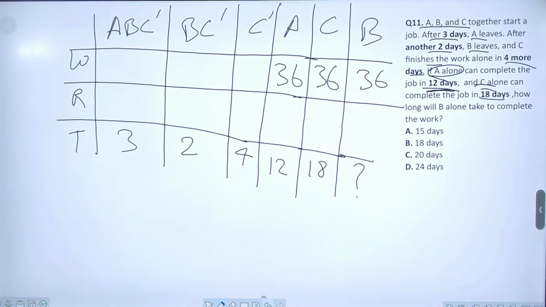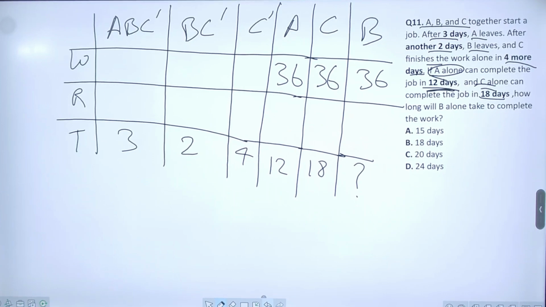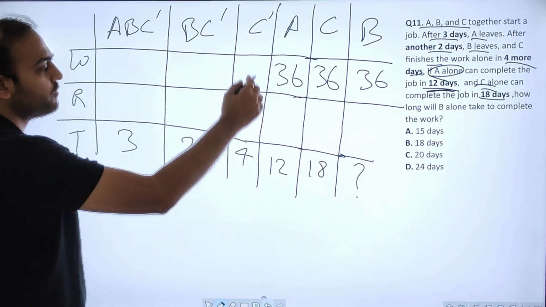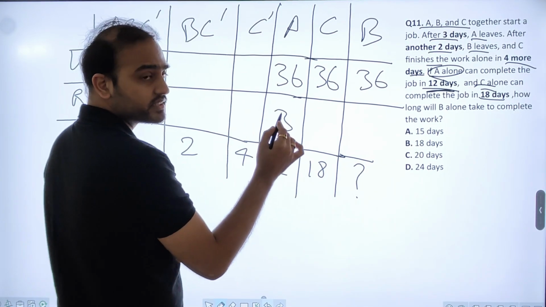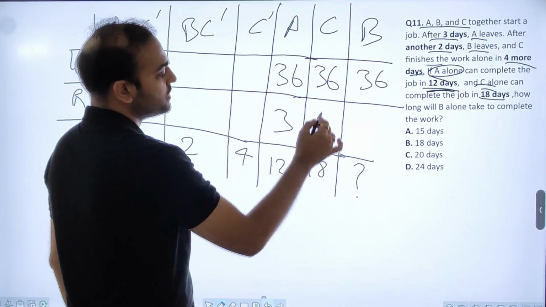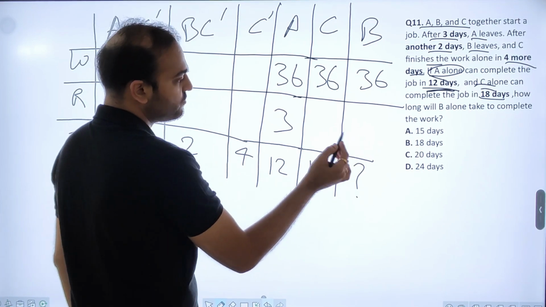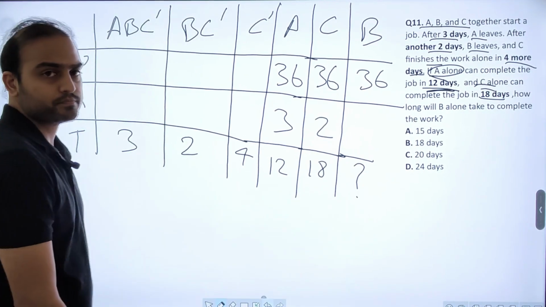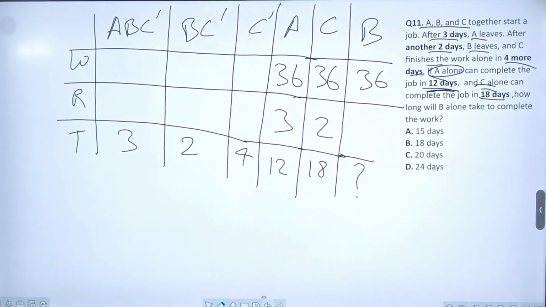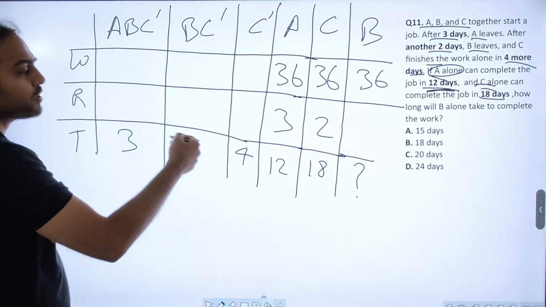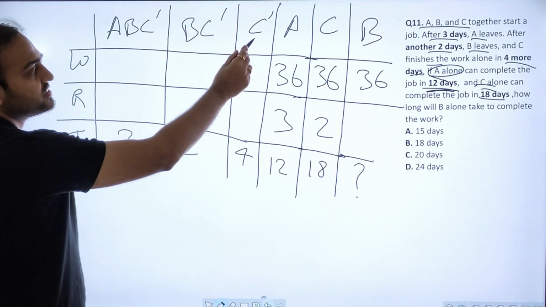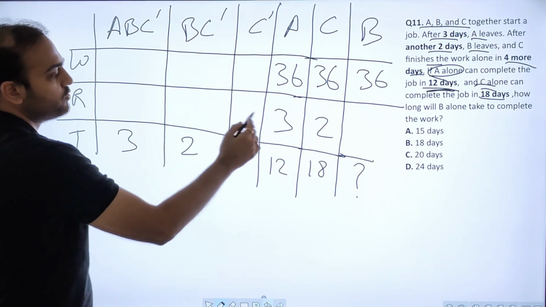Okay, step number 3, find the rate in each scenario. Rate of A, 36 chocolates in 12 days, 3 chocolates a day. Rate of C, 36 chocolates in 18 days, sorry, so rate 2. Rate of B, I don't know. Now let's start backward solving. I know C alone, rate is 2.